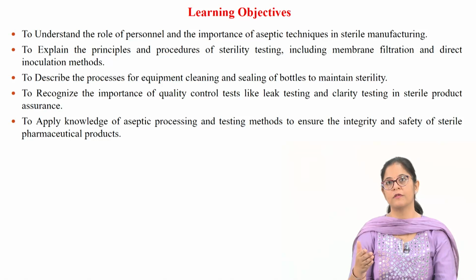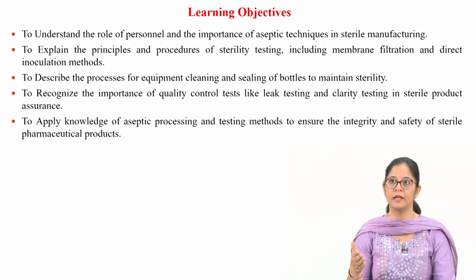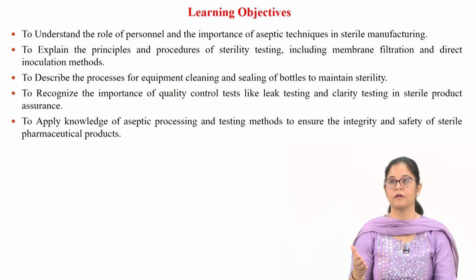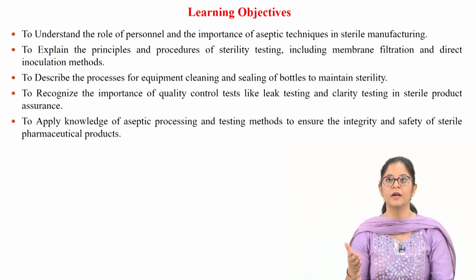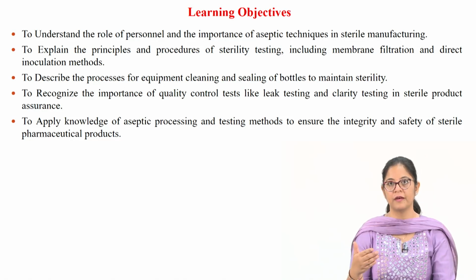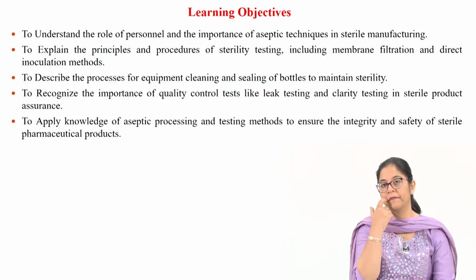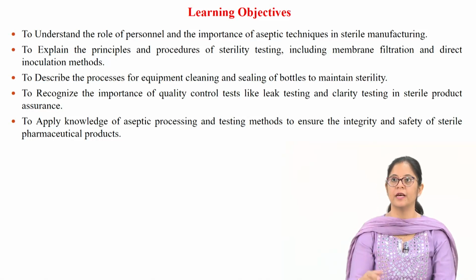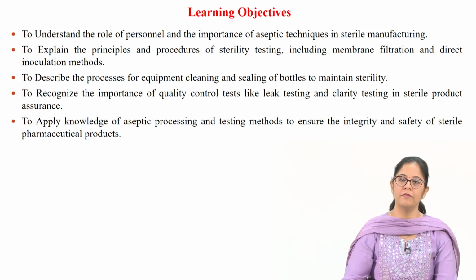Also, the processes for equipment cleaning and sealing of bottles which are required for maintaining the sterility. Also, the quality control tests like leak test and clarity test will be discussed, and how aseptic processing and testing methods can be used to ensure integrity and safety of the sterile products.